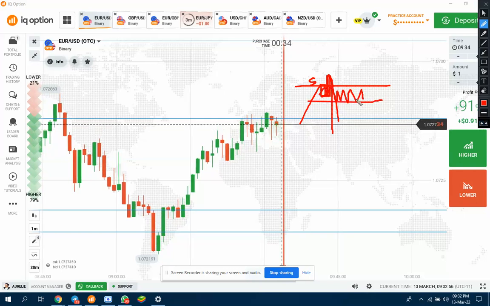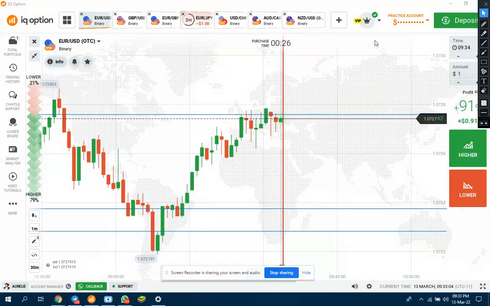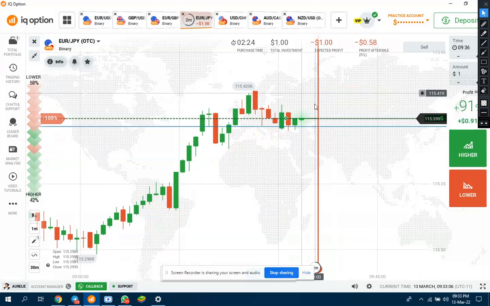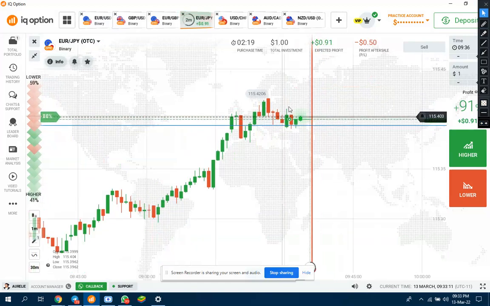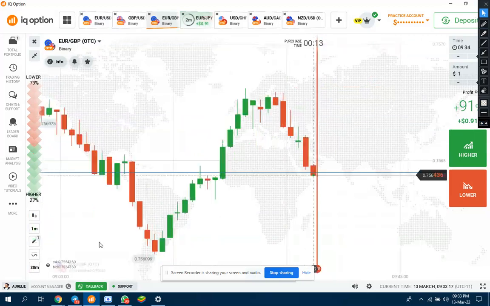Most of the time, it usually occurs during consolidation, and buyers try to enter, break the level before you know it, the market drops. That is because most orders are placed at that level. You are not the only one that should buy at the level. A lot of traders are buying, some traders are selling.